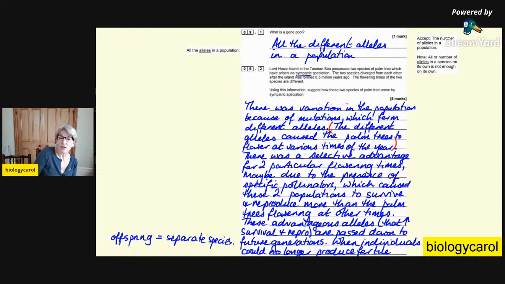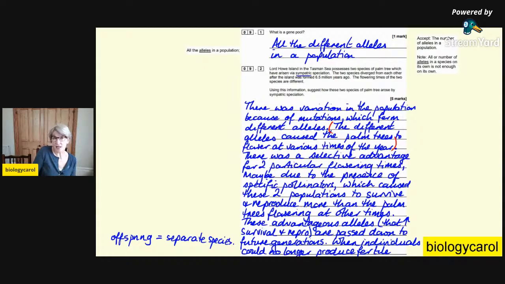I'm going to point out again, if you ever write the word survive when you're talking about natural selection, you've got to write the word reproduce, because in terms of natural selection, nobody cares if an individual survives. If they don't reproduce, they aren't passing any alleles on.